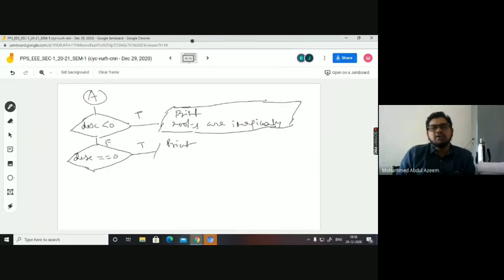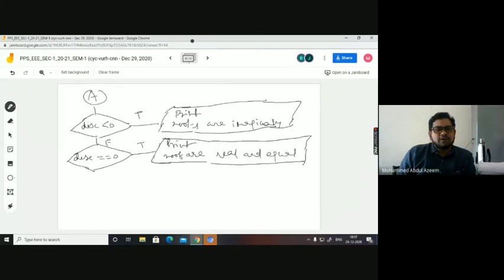You print roots are real and equal. Okay. Got it.